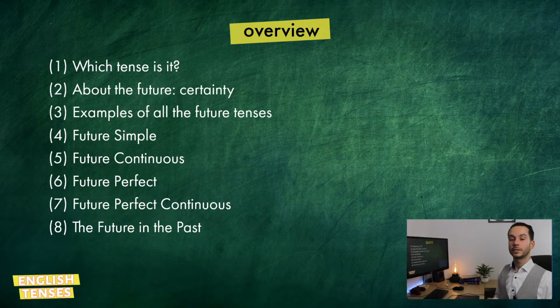We didn't look at present simple, nor did we look at present continuous. But of course, as I mentioned, have a look at my 3-minute grammar videos if you want a quick overview of those. And I will put the links in the description. Then we looked at future in the past, and as a bonus, I answered when you use present continuous, or when you use to be going to.